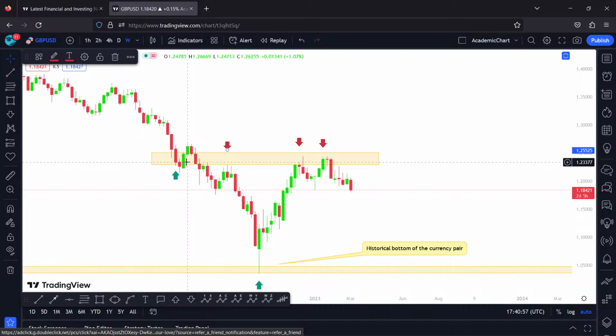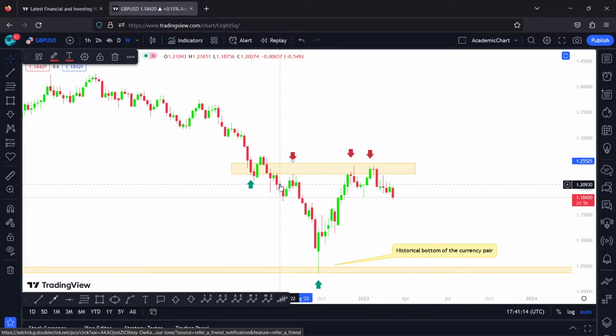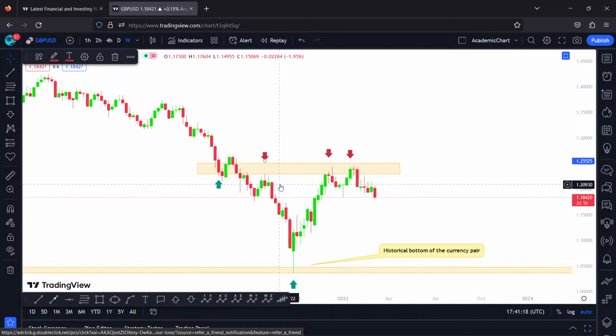It is as valid as before, but now it is just changing behavior. It used to be a support, now it is a resistance. So you can see how price reacts to this level any time it reaches it. Okay, good. I think that's enough when it comes to the weekly chart.